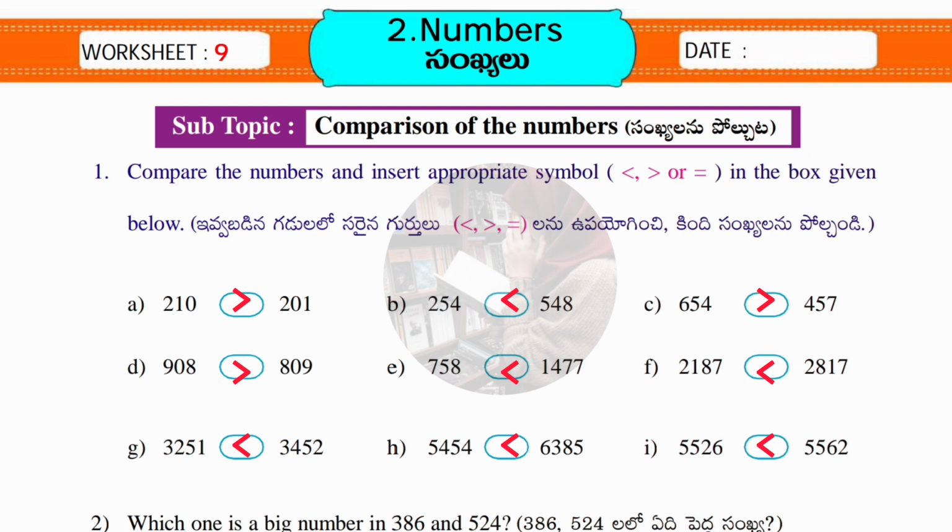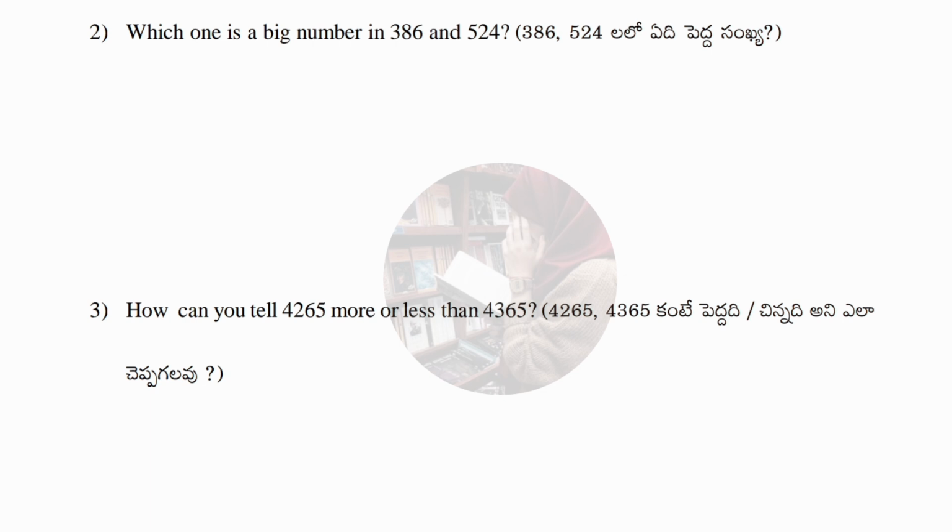Next number, 5454 less than 6385. Next number, 5526 is less than 5562. Got it? Let's see the second question, which is which one is a big number in 386 and 524?